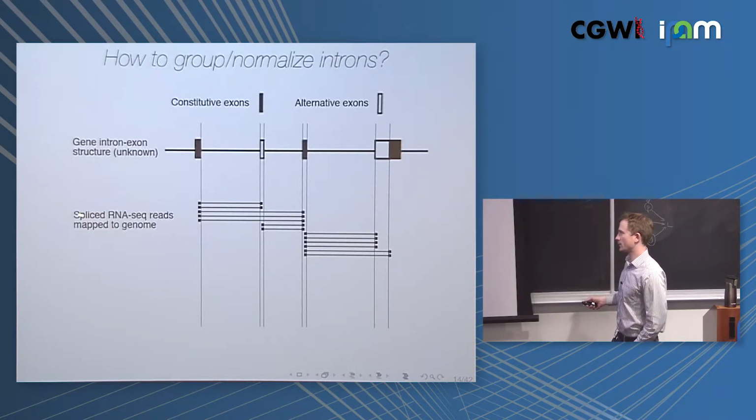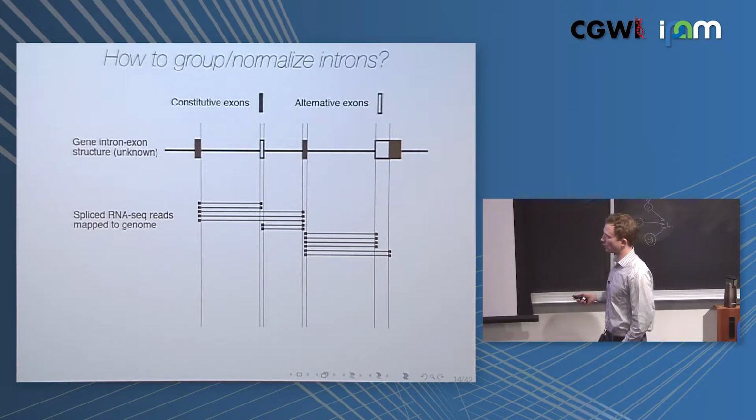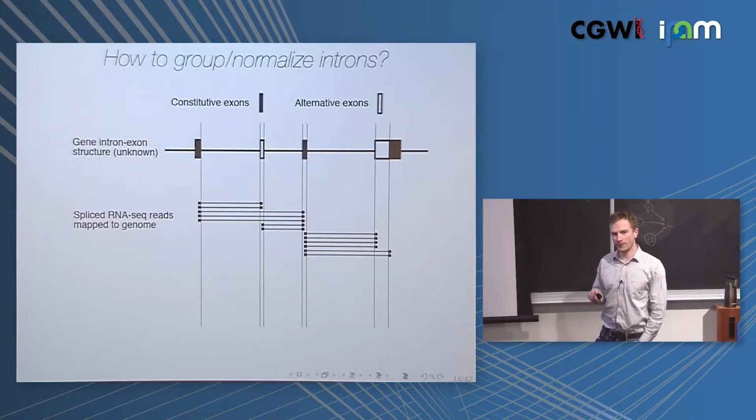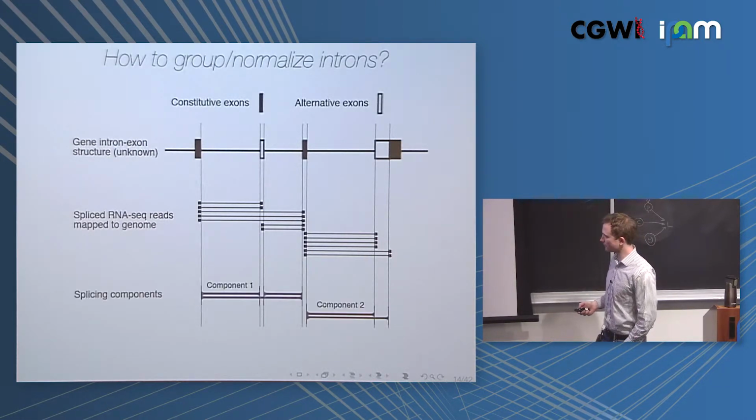The spliced reads for some region might look like this. And the splicing components that we define correspond to building a graph where the nodes in the graph are the splice sites, so the starts and ends of the introns. And the edges in the graph are going to correspond to observed spliced reads, so observed junctions.